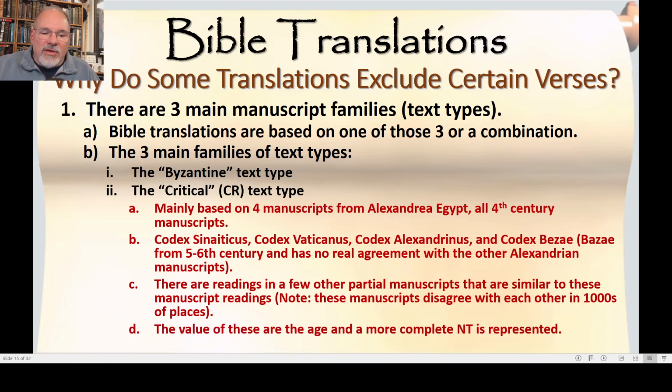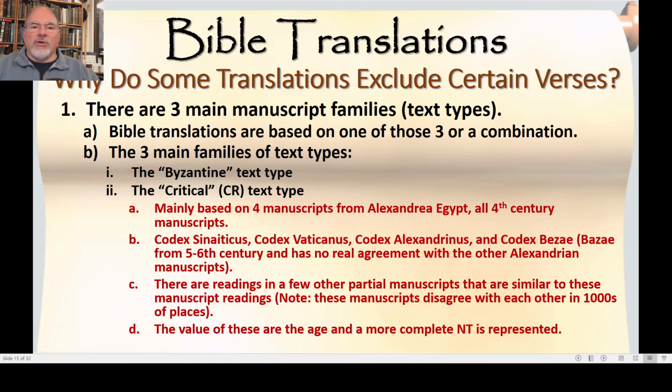So the value of these manuscripts are really the age and the fact that they have most of the New Testament in each one, as opposed to, with the majority text, you'll have the Gospels together in one, you'll have Paul's epistles in another, or Peter's, or some combination of epistles and maybe a gospel or whatever, or sometimes just one book of the New Testament.